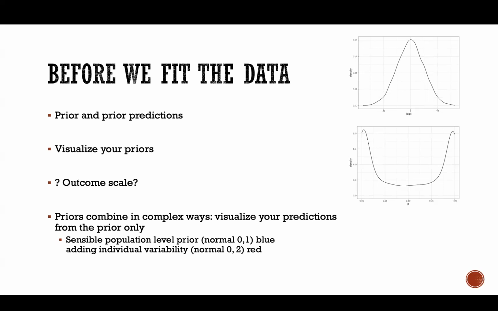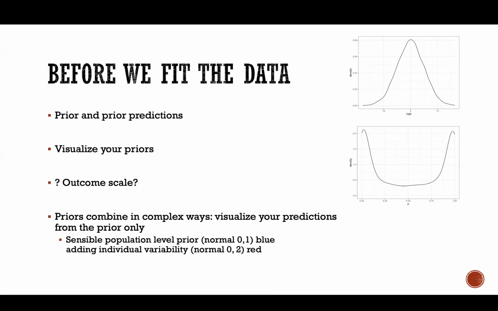A second caution point when we think about priors is that priors in any model that is interesting enough that you're actually spending time with it combine with each other. Meaning these parameters are never playing a role alone in the model. An example that predates something we'll deal with later, multilevel models, is we have a population level prior.